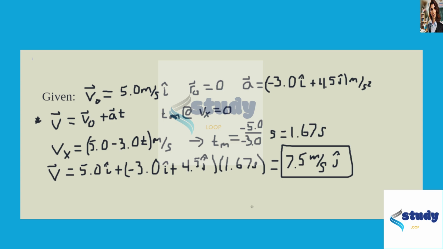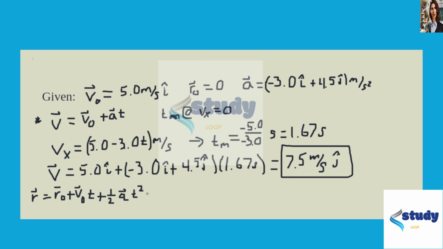Okay, next we want to find the position when v of x is maximum. Well, we can do that by using the other equation, which is r is equal to r naught plus v naught times the time plus 1/2 the acceleration times the time squared.